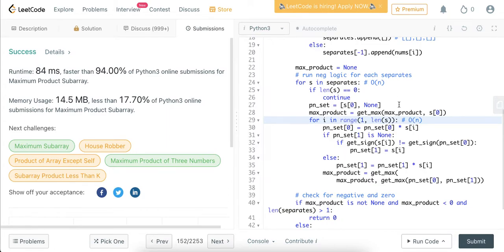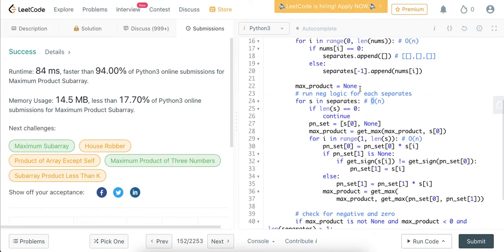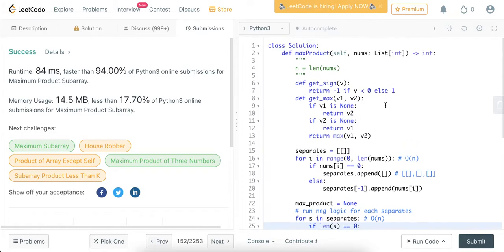But how do we combine it with the top? Remember that this is just the same numbers being separated out, right? So this is not n squared actually. This is still n, because n represents the total membership in the nums.